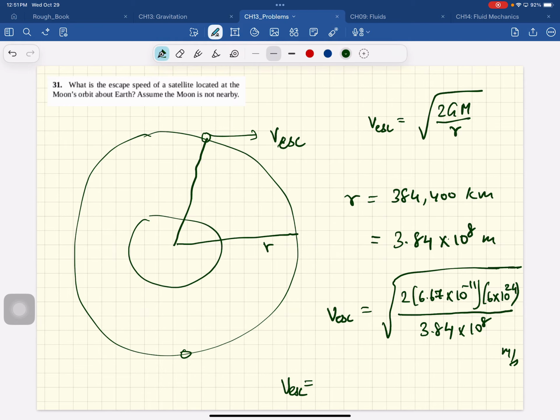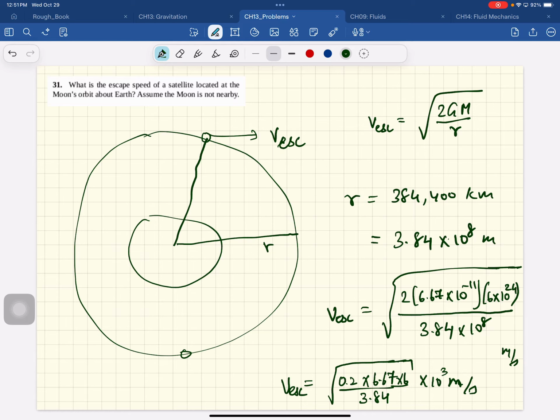So this is 10 to the 3 meters per second. And what is left is 0.2 times 6.67 divided by 3.84 and times 6. All right, hopefully I did everything right there.